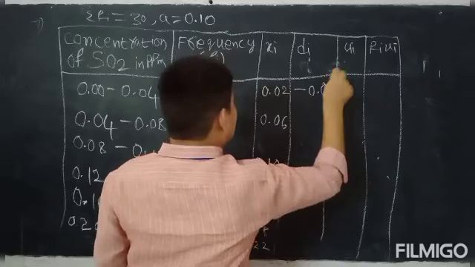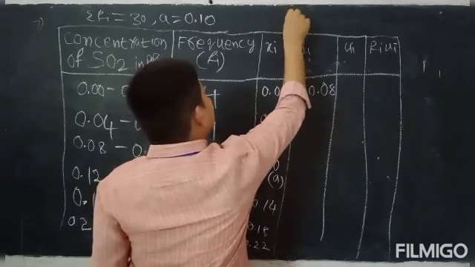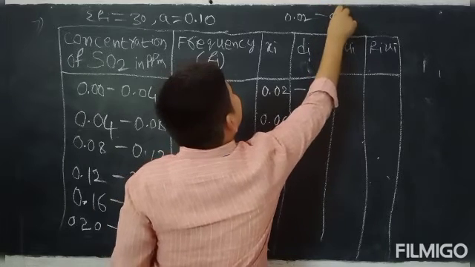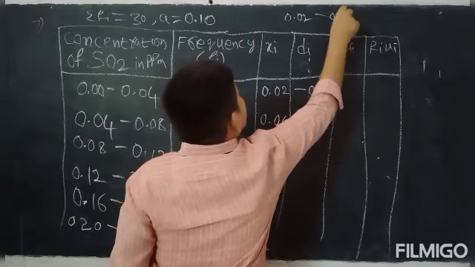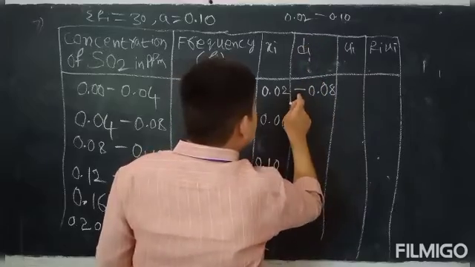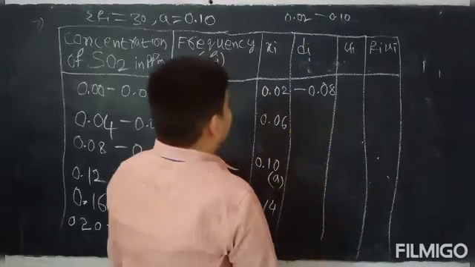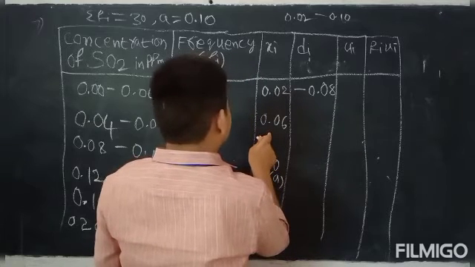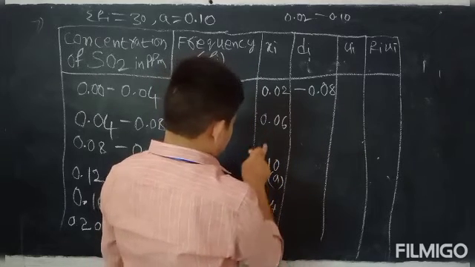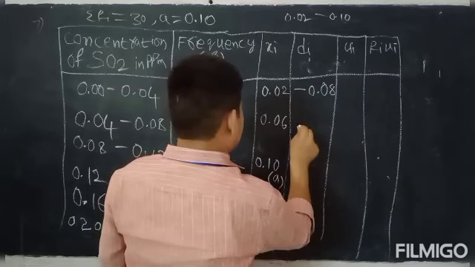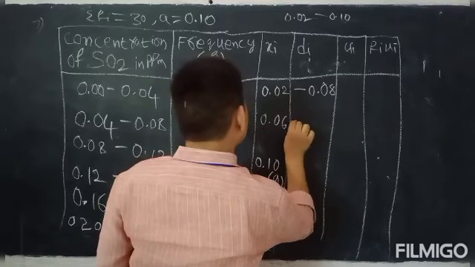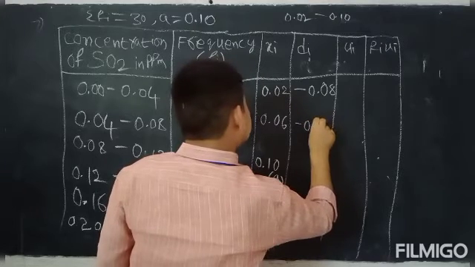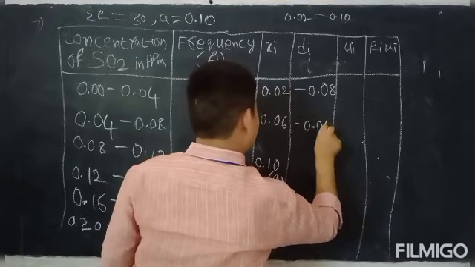So 0.02 minus 0.10, this is bigger than this, so we are getting a minus symbol. Okay, now same 0.06 minus 0.10. So that is nothing but minus 0.04.